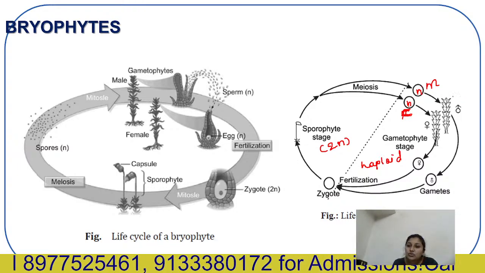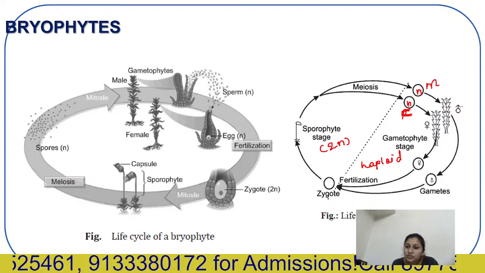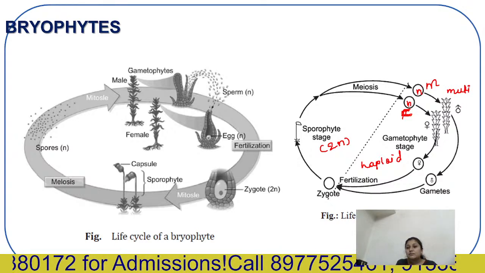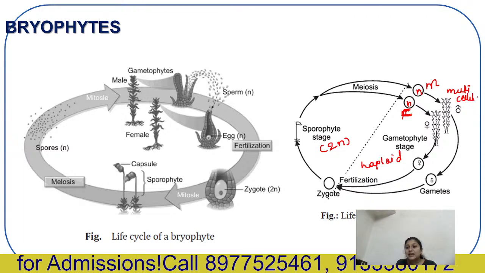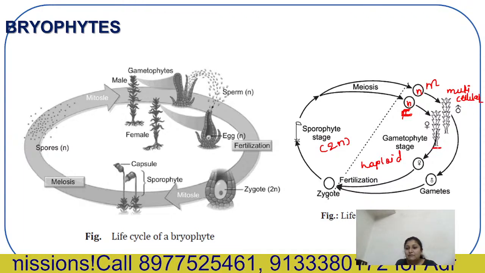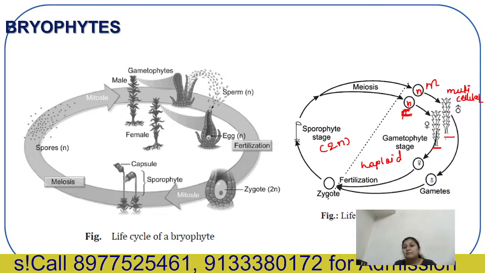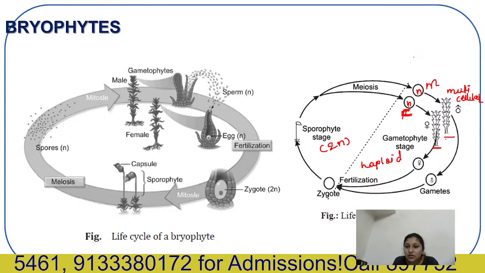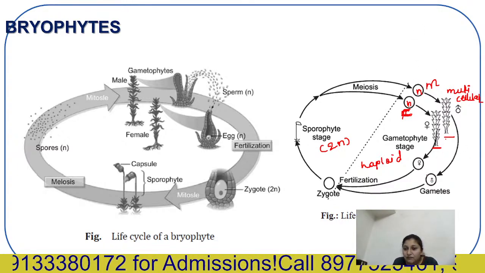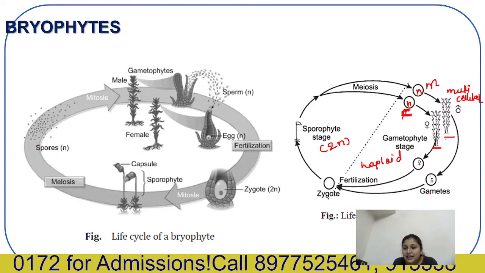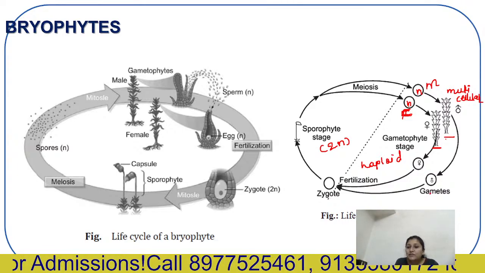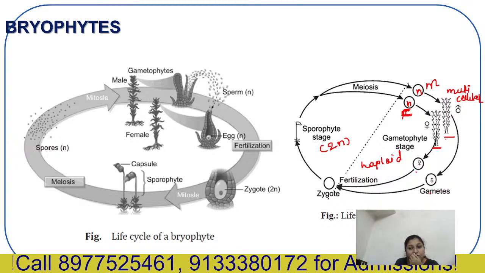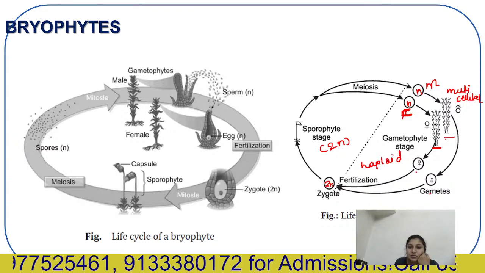Spores undergo mitosis to form a multicellular thallus-like body, giving rise to female plant and male plant. Now they form gametes: gametogenesis occurs in the gametophyte, forming male gamete and female gamete. After that, the gametes fuse to form the 2n zygote.